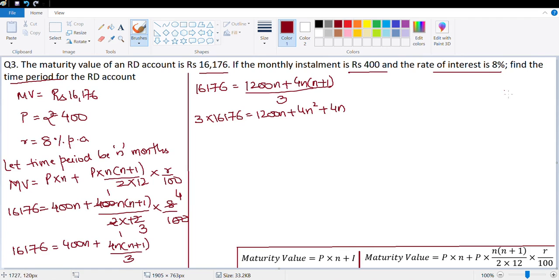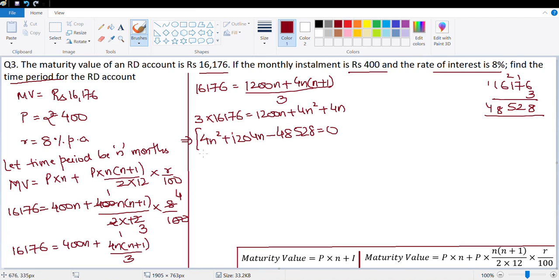Now I have to multiply this. So 16,176 into 3. 3 into 6, 18. 21 plus 1, 22. 1 and 5, 18 and 4. 4, 8, 5, 2, 8. And this is 4n square plus 1204n minus 48,528 is equal to 0.